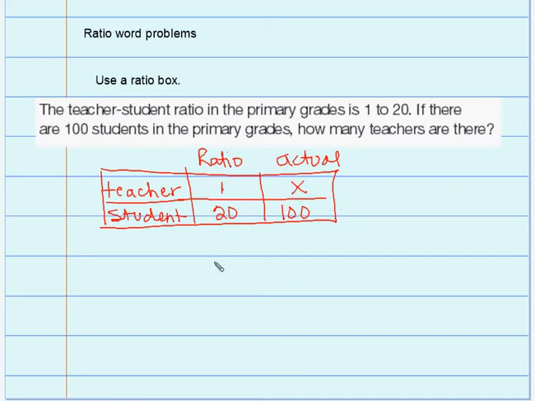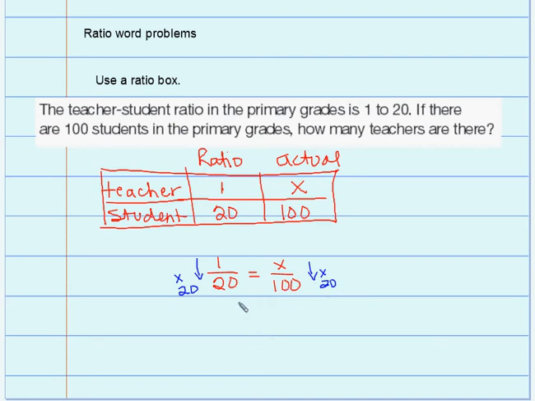These are two fractions. It ends up being 1 out of 20 has to equal x out of 100. And so you can do any of the methods that I've illustrated. You could say, it's times 20, so whatever I have up here times 20 has to equal 100.